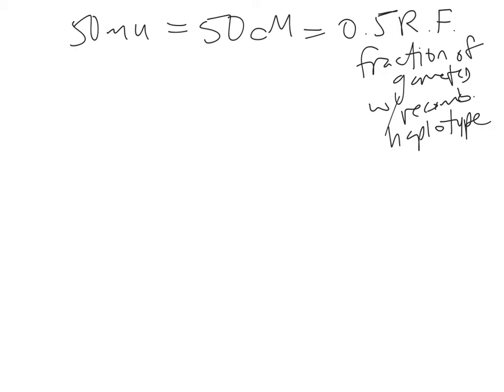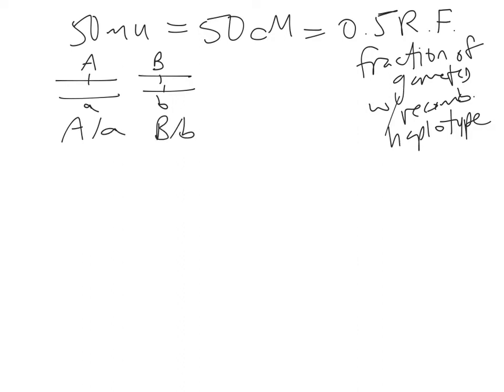So let's look at the situation where we have 2 sets of chromosomes. So same genotype, dihybrid. Capital A over lowercase a, capital B over lowercase b. A semicolon because they're on 2 different chromosomes.